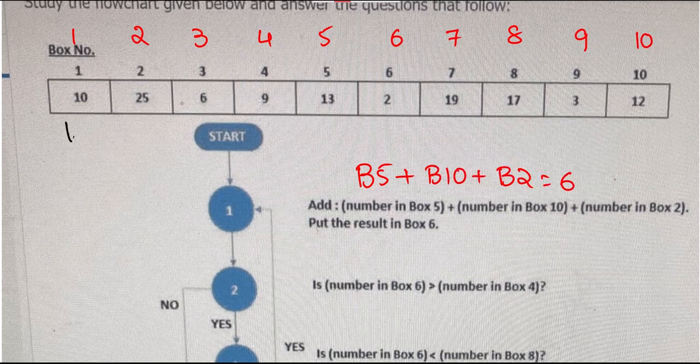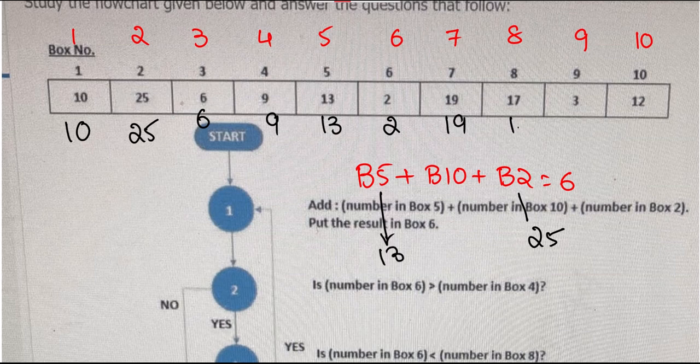Box 1 is 10, box 2 is 25, box 3 is 6, box 4 is 9, box 5 is 13, box 6 is 2, box 7 is 19, box 8 is 17, box 9 is 3, box 10 is 12.